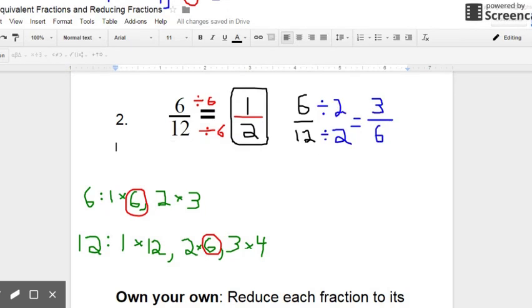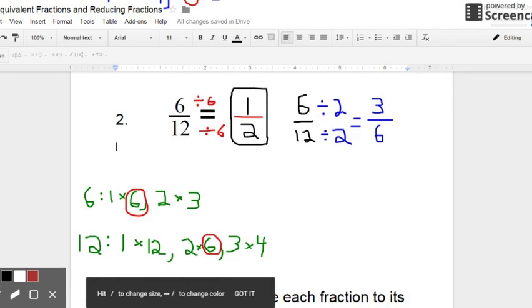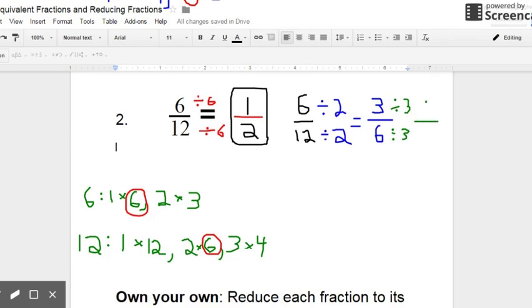So I get smaller numbers, but I always have to double check. Can I divide 3 and 6 by a number still? And the answer is yes. I can divide them both by 3. So let's divide both of these by 3. And the answer is 1/2, because 3 divided by 3 is 1, 6 divided by 3 is 2. And here is your simplified or reduced fraction.